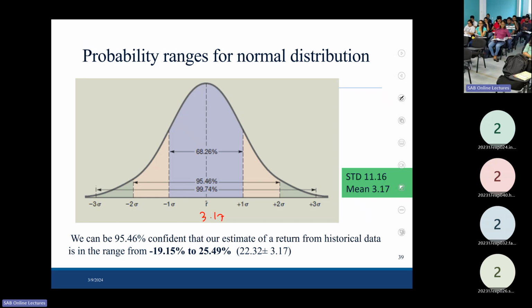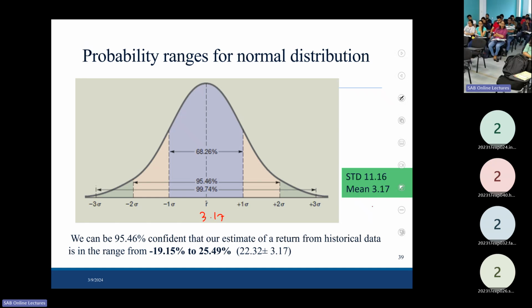But when you forecast using the normal distribution, you have to convert this 3.17 into the standard distribution. When you use these normal distribution properties to explain risk and return behavior, you have to convert these numbers.